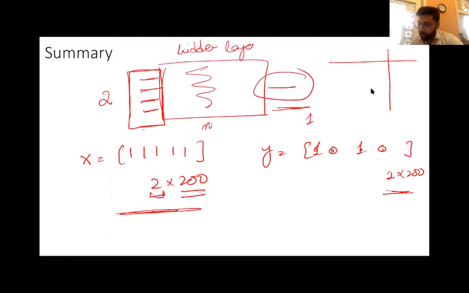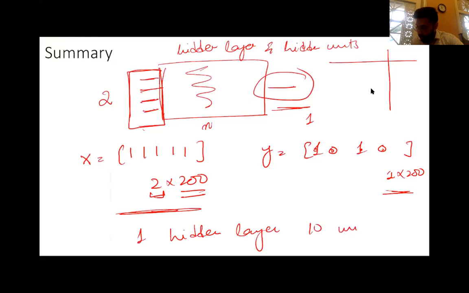So for example, in the first example that I'm doing, I choose one hidden layer with 10 units. But you can use any combination of these. It's not fixed. Okay. Is it clear now how I'm constructing the architecture of my neural network?